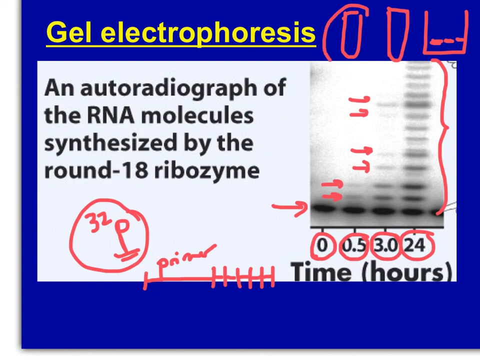So they took the ones that they found could generate this phosphodiester bond, and they did some mutations, and then they looked again to see if they could get even longer strands of RNA made.